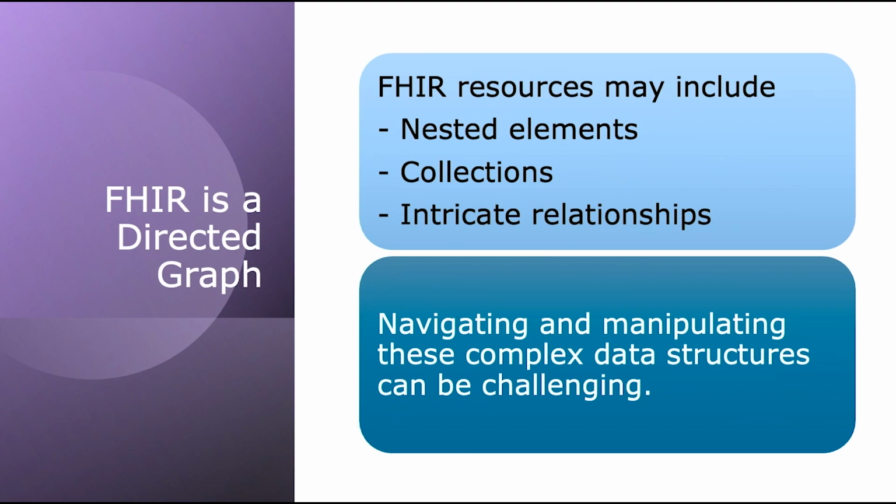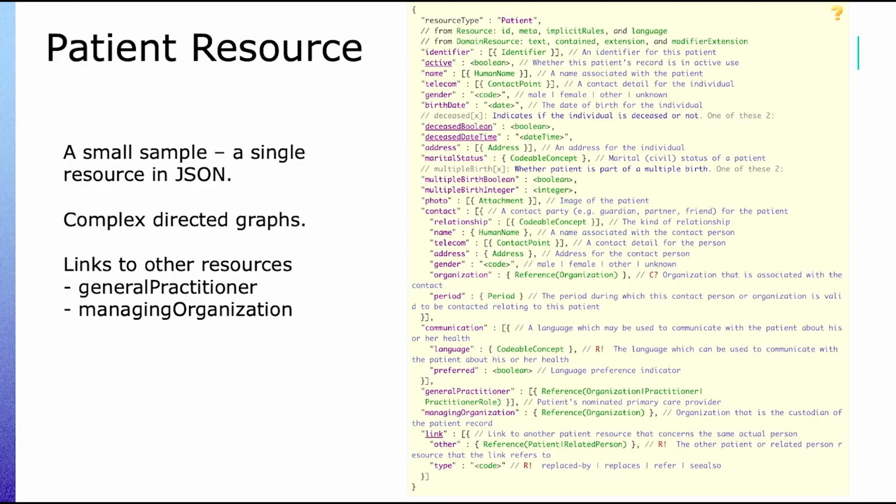All of this means that navigating, manipulating these complex data structures can be challenging, and that's what we're trying to address with the object model. So let's just take a look at a typical patient resource. If you go to HL7, you could go to a tab called JSON. You could see this single resource with all of the elements, and notice that some of these elements are actually objects like contact point or human name.